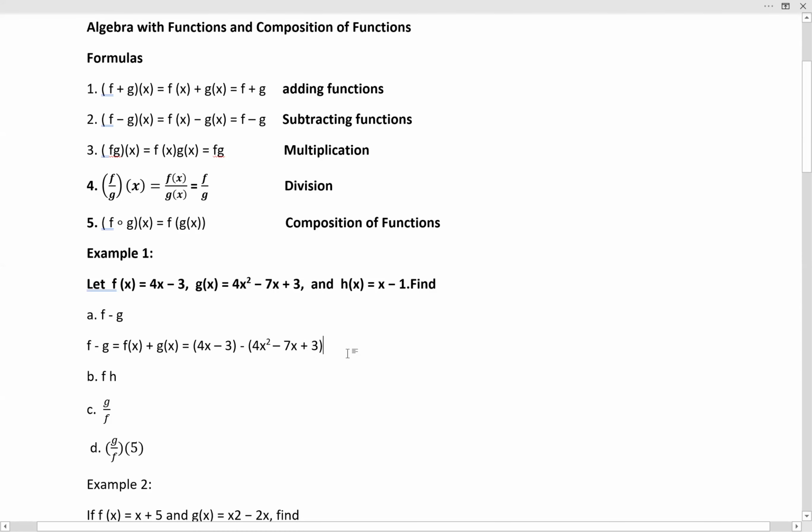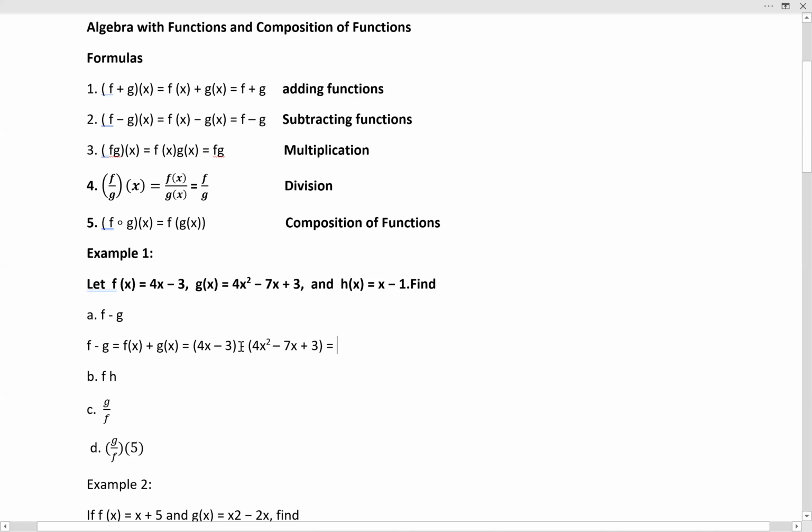Because it is a subtraction between two functions, I have to use formula number 2 here, okay? And I always have to keep parentheses because I want to keep the group.